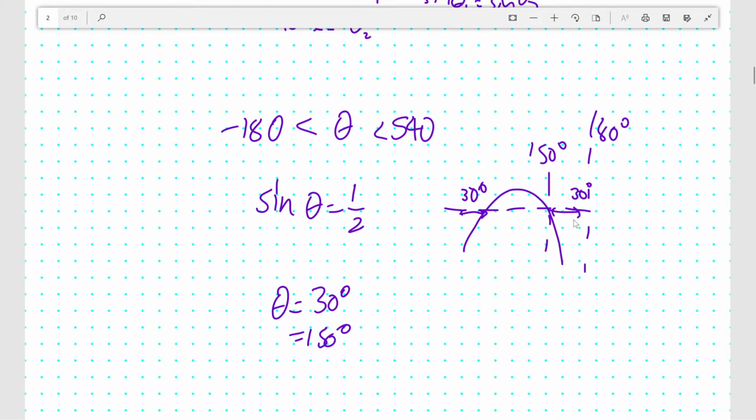And then you go through the hump part of the graph here to go back up to the peak again, where this line here, as it passes through 0, is going to be 360 degrees. And you know it's going to be less than 540, so we'll stop here.